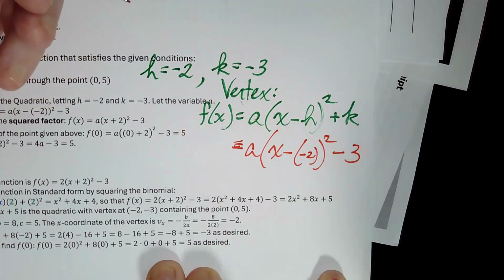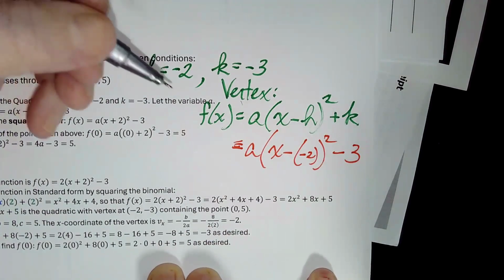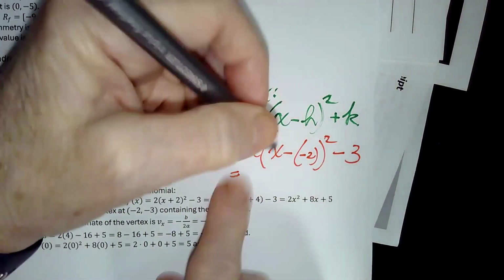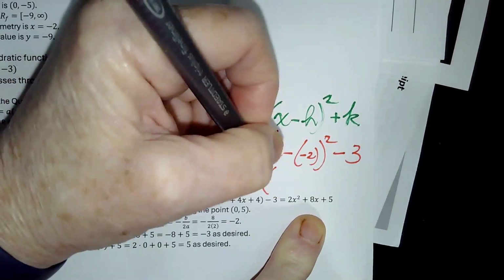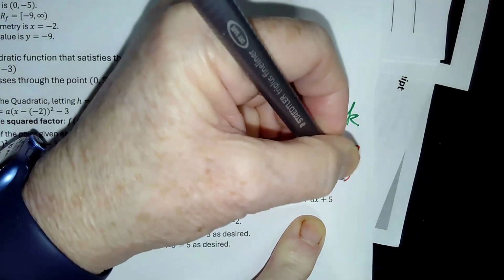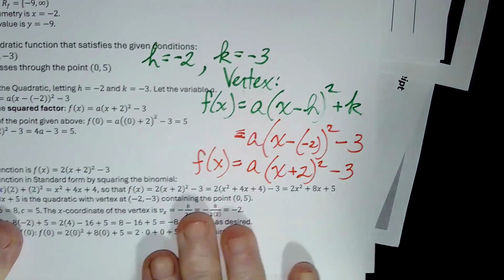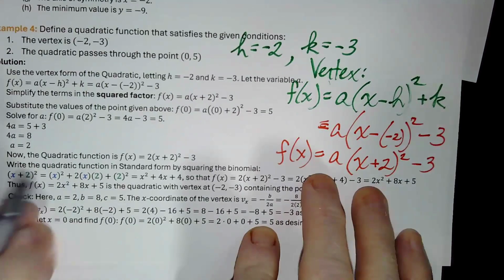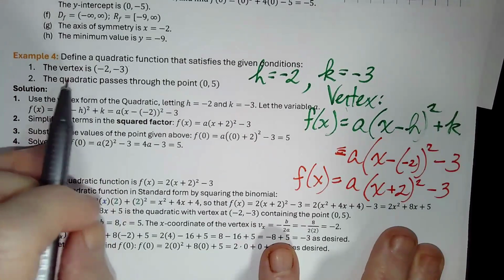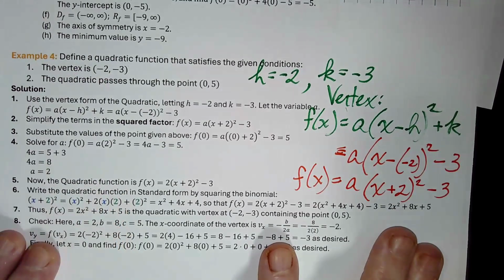You see what I mean? So we've got a times that, and we got that part using the thing we knew from step 1, the vertex.